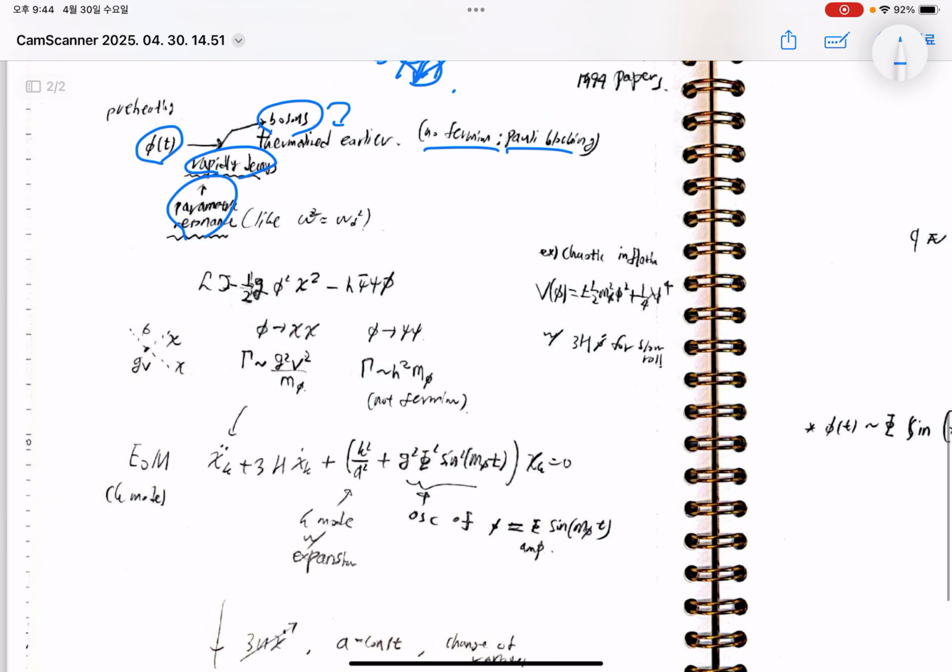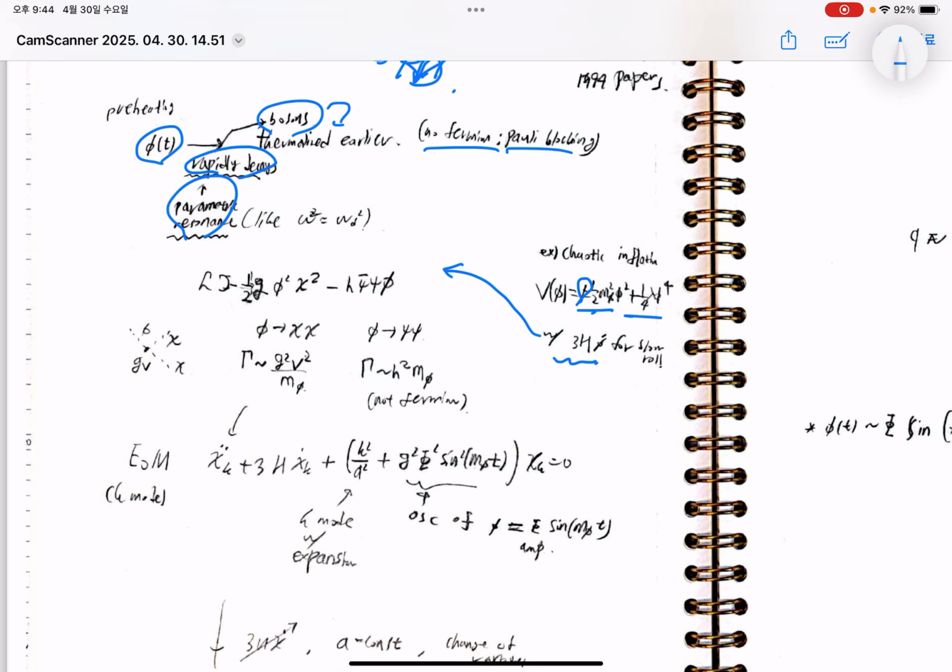Let's consider some chaotic inflation with the quadratic term, and the Hubble friction term makes the slow roll, but eventually the Hubble term ceases. So the inflaton starts the oscillations at the minimum of the potential, also depending on the sign of the quadratic term, whether symmetry breaking or not.